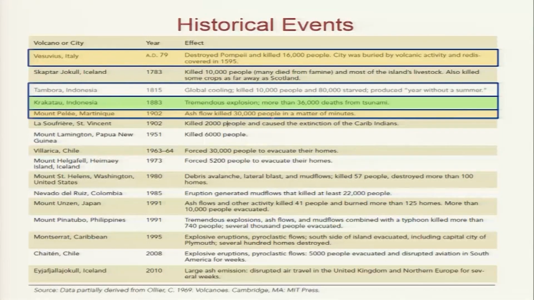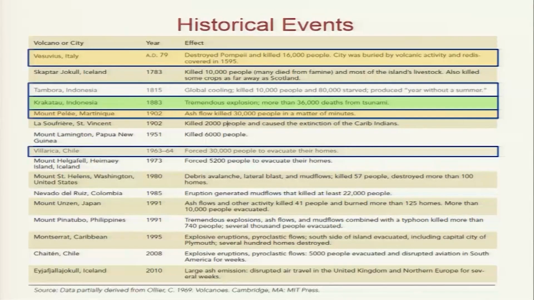The ash flow was with a tremendous velocity, which killed almost 30,000 people. Then we take Villarrica from Chile. The eruption was in 1963-64. It forced almost 30,000 people to evacuate their homes.